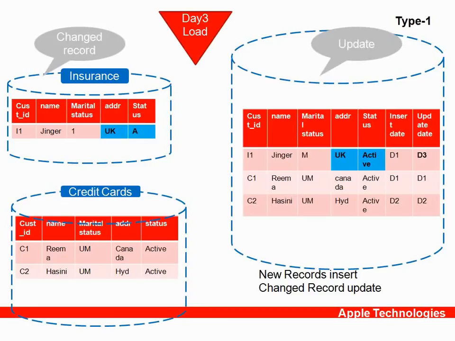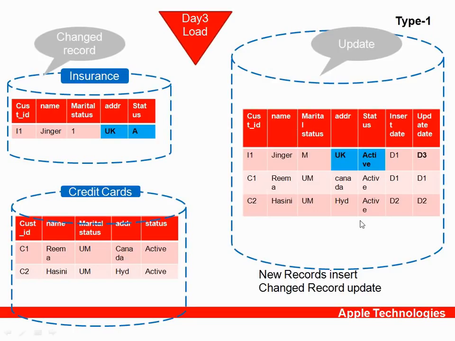Now typically if you observe, whatever we have in data warehousing and the source are the same, the only thing is that it is consolidated. Here also we have the latest, there also we have the latest, but there is no history. So that's why in Type 1, new record insert, changed record update, but it will not give you historical tracking.